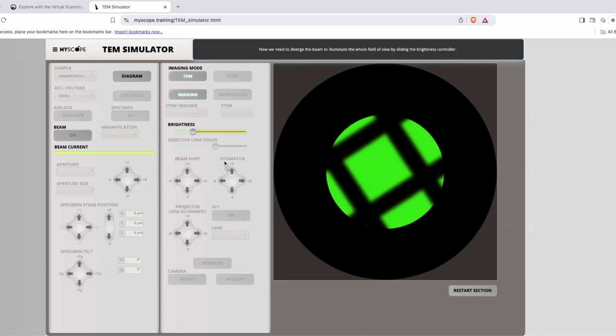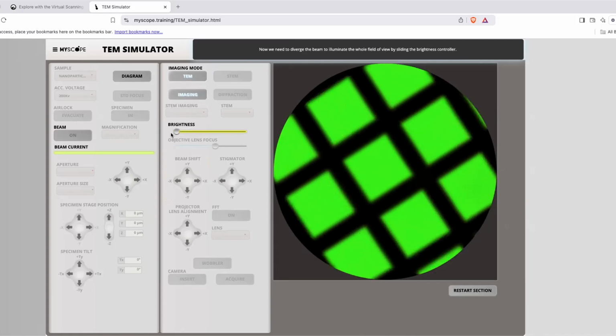When it's centered, this highlighted border will disappear. Now it says brightness. That means you have to spread this beam around this entire black area. Yes, now it is fine.